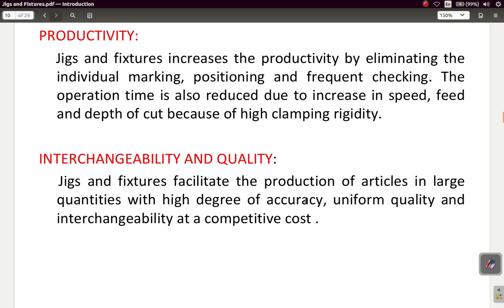It won't be too small or too large. You want it close. Uniform quality means the quality is the same for each item produced. And interchangeability means you can remove one part and put in another part.